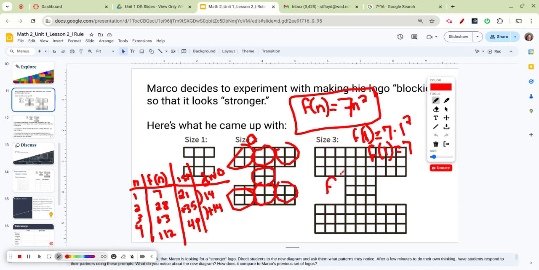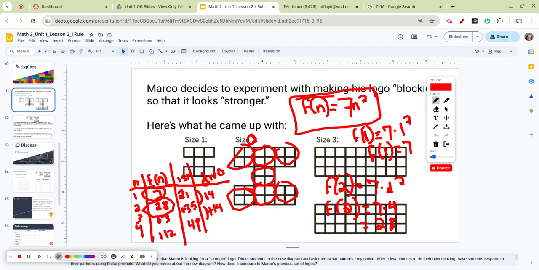And f of 2 would equal 7 times 2 squared, which would equal 7 times 4, which is equal to 28. And so we're getting the right numbers, 7, 28. Yeah, I think that's going to work okay. So I think this is the formula that we need.